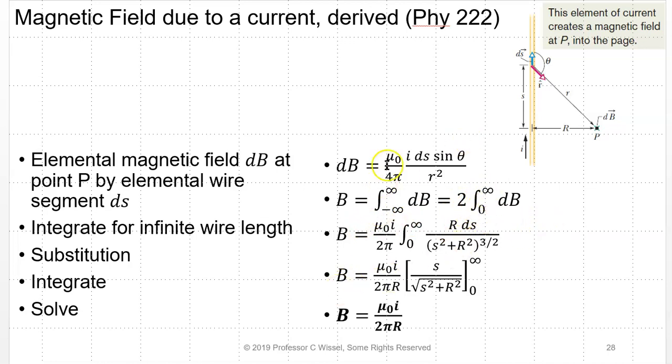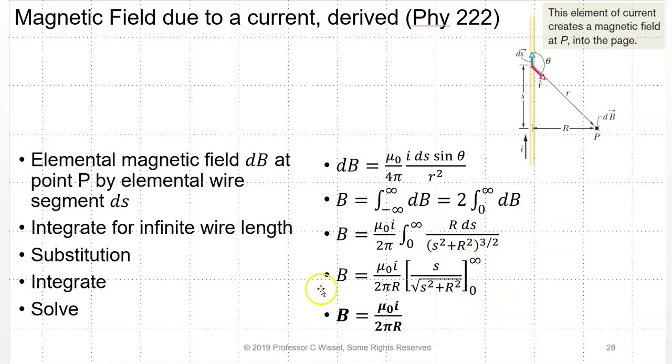We do some substituting and we pull the constant out. So B equals mu naught I over 2 pi times the integral from 0 to infinity of big R ds over the 3/2 power of the quantity s squared plus big R squared. We integrate and evaluate between the limits of 0 to infinity.